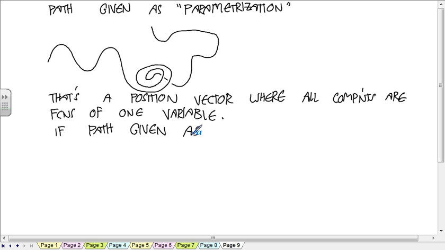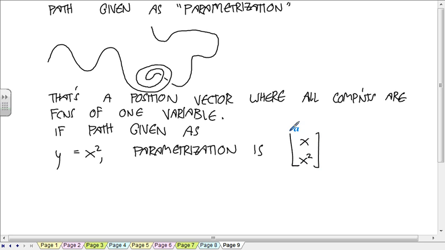If your path is given in the form of a function like y equals x squared, the parameterization of that is, well, our one variable that we're going to represent this with is going to be x. How do you represent the x component in terms of x? x, yeah. How do you represent the y component? x squared. So that's a parameterization that represents this function.